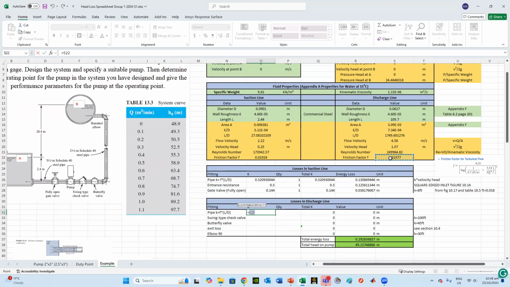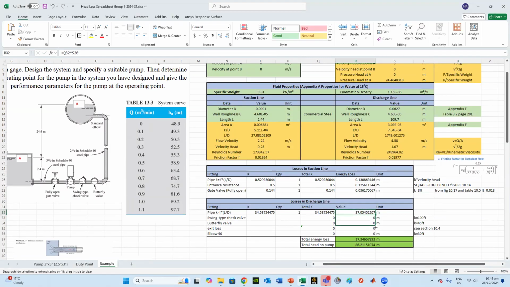This is the F we found from the calculations, multiplied by L over D, which we already did in advance. The quantity is 1, the total is that, and then this value multiplied by the velocity head for the discharge line, and you get that value. We can make that so it can apply for all of them.